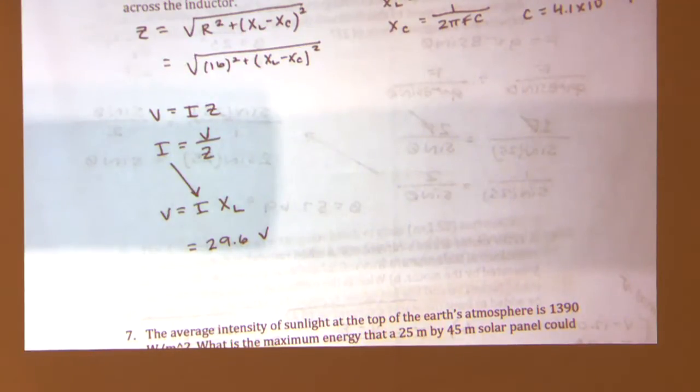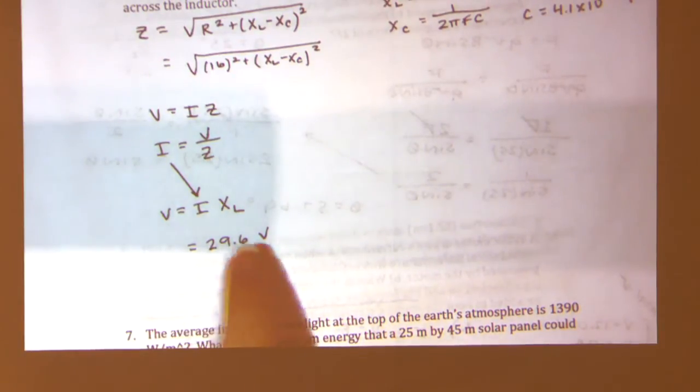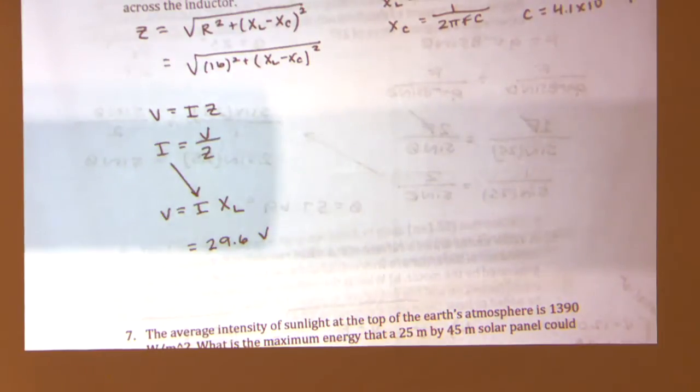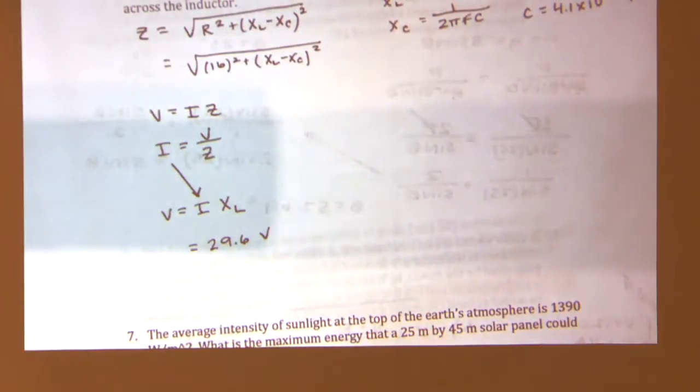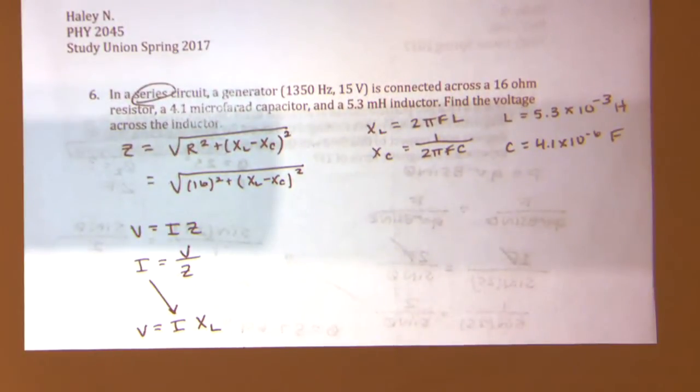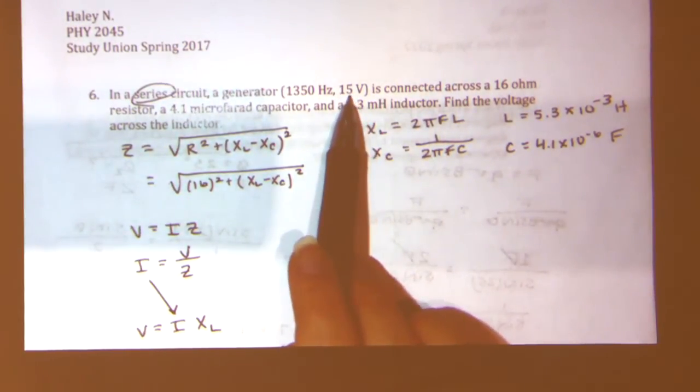So you could have done that with anything. If they asked for voltage of the capacitor, it would be V equals I XC. If they asked for the voltage across the resistor, V equals I R. You could have solved for the voltage across the entire circuit, where you would have used V equals I Z. And my bad, I forgot to mention that they gave us the voltage here.